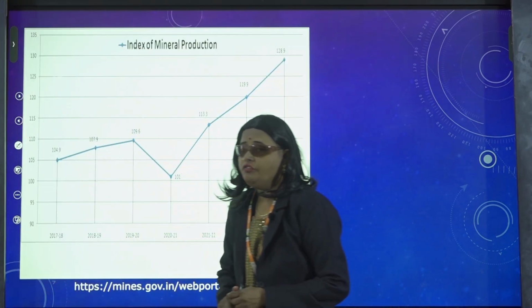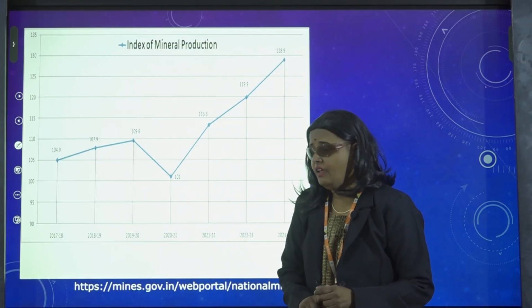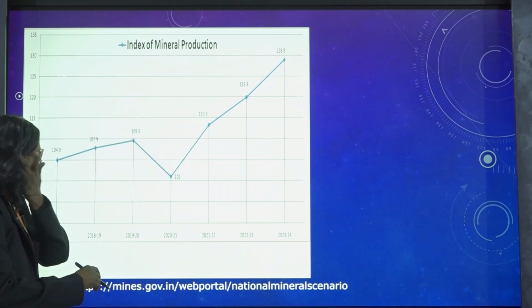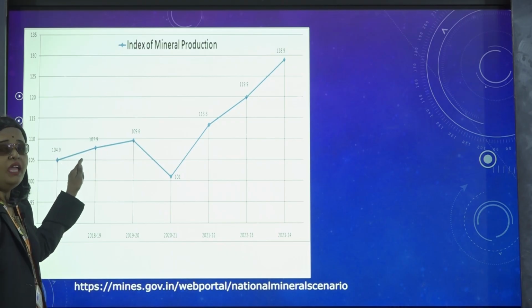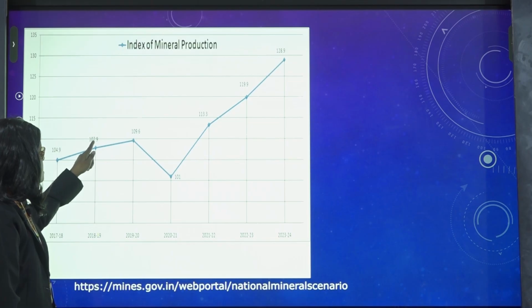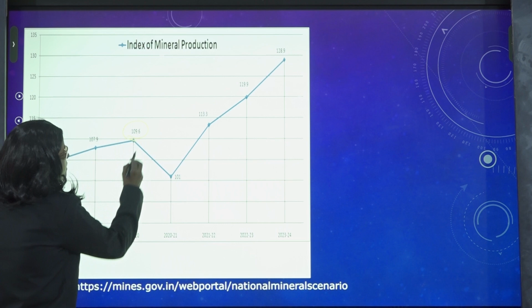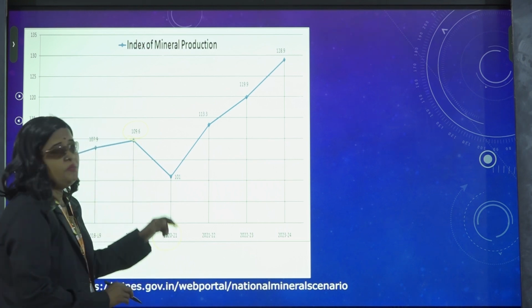Now, all of you look at this index of mineral production. They have given years. You can see here all of you. 2017 to 18, 104.9. 2018 to 19, 107.9 and 19 to 20, 109.6. In the year 20 to 21, there is a problem.